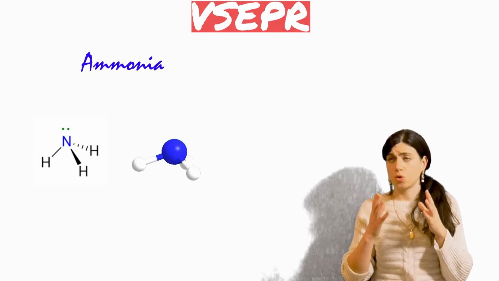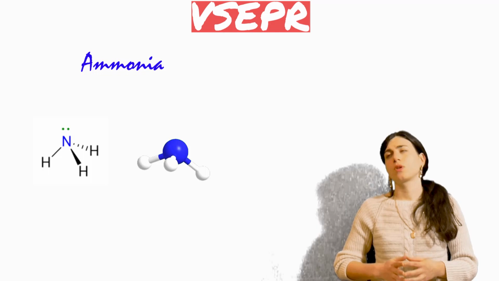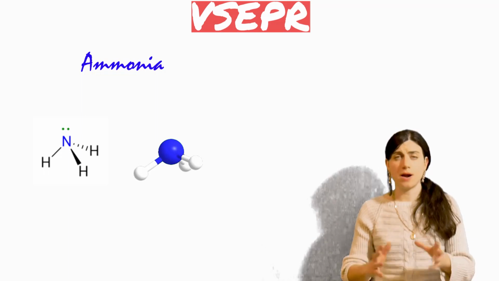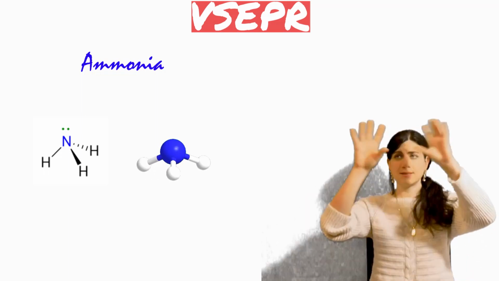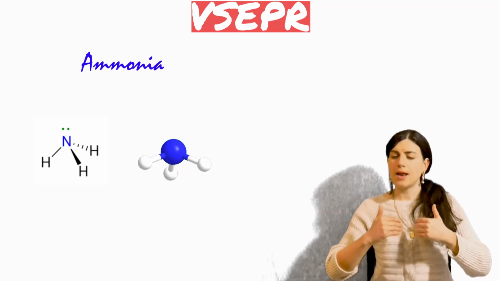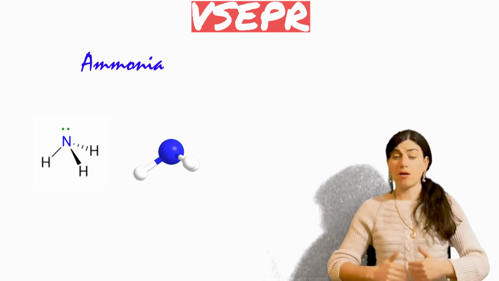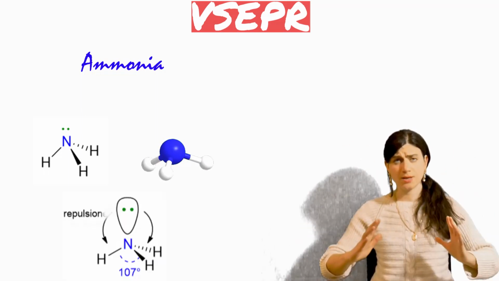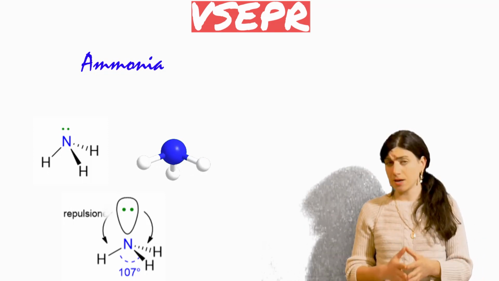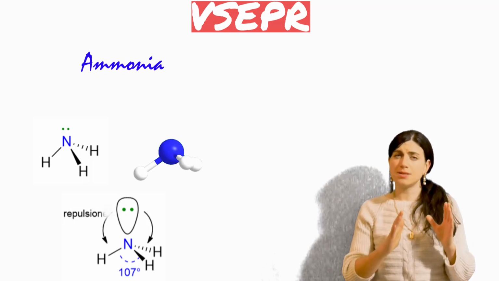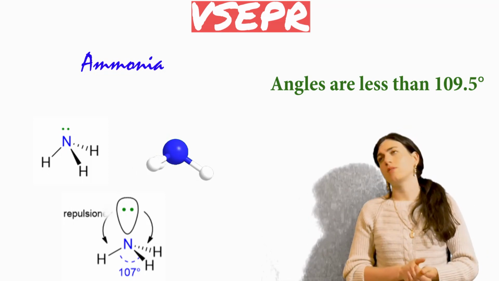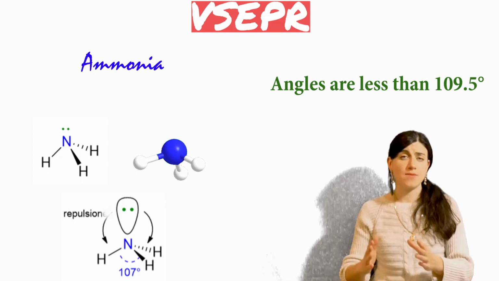However, this is not completely true, because the VSEPR model also tells us that if there are lone pairs on the molecule, since, as we have already said, they are more repulsive, they have more electron density, they are bigger, they will shrink the bond pair electrons. So the angle of ammonia is not 109.5 degrees, but is less than that, and in particular in the case of ammonia it is 107 degrees.